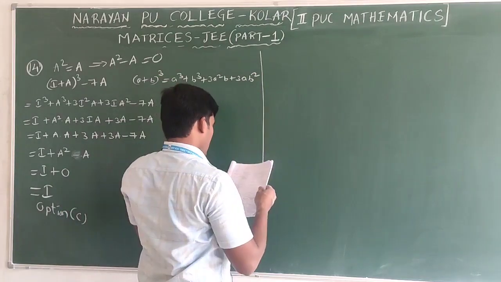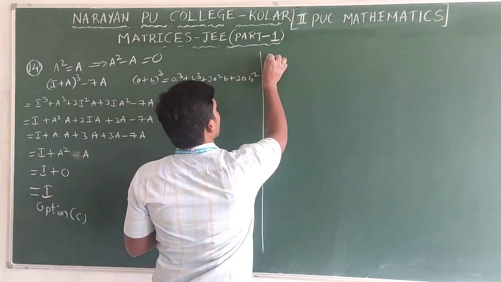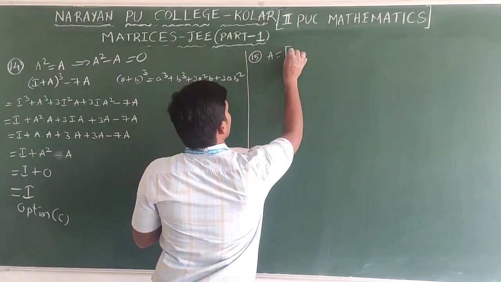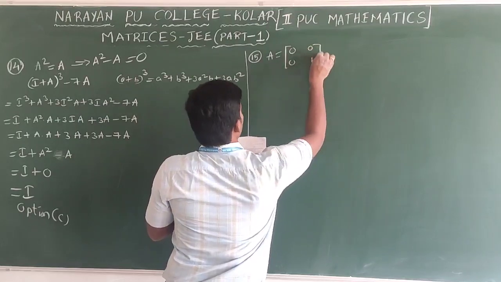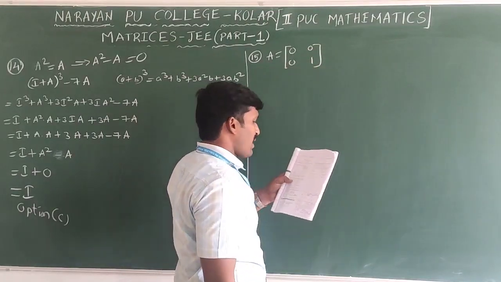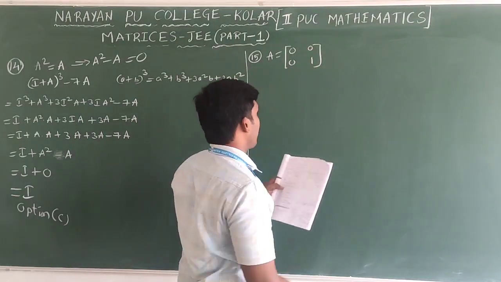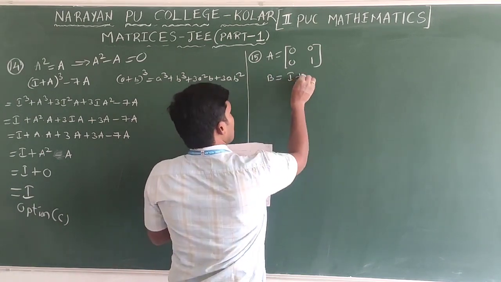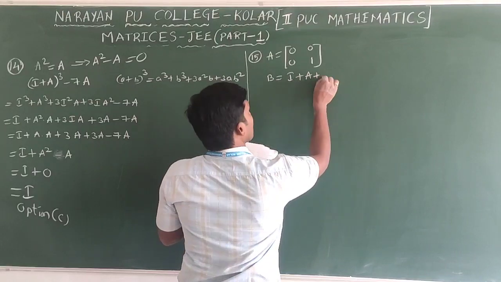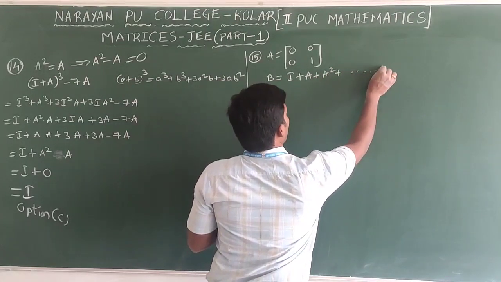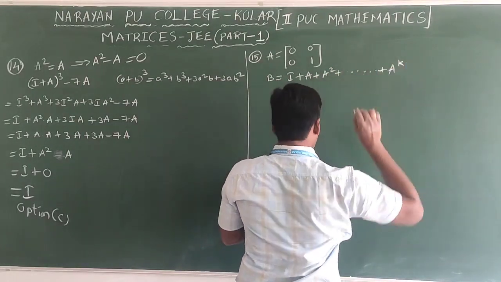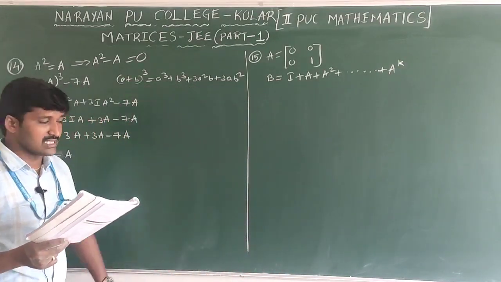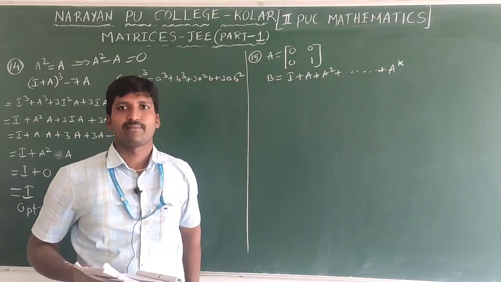Next, question number 15. Matrix A is given as 0, 0, 0, 1. Then matrix B is given by I plus A plus A square and so on, A power K. Next we need to find the sum of all these matrices.